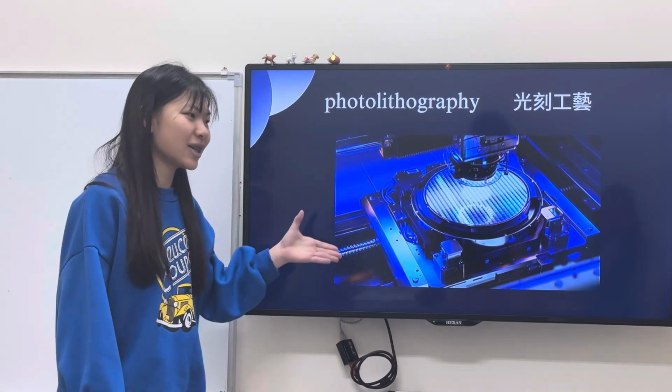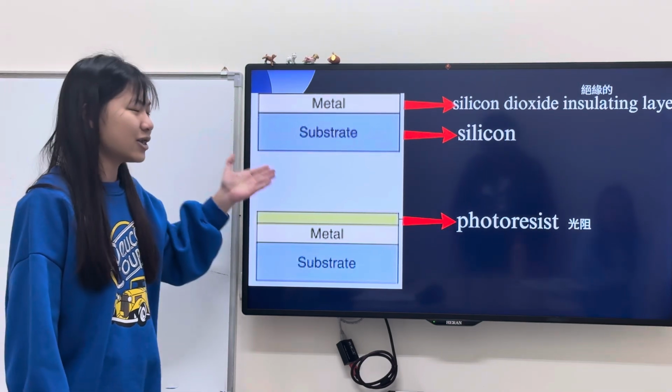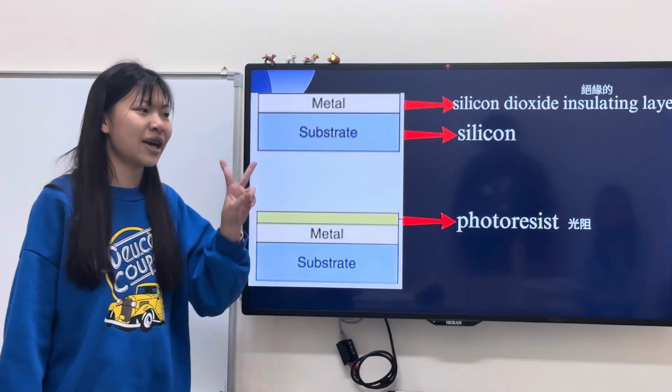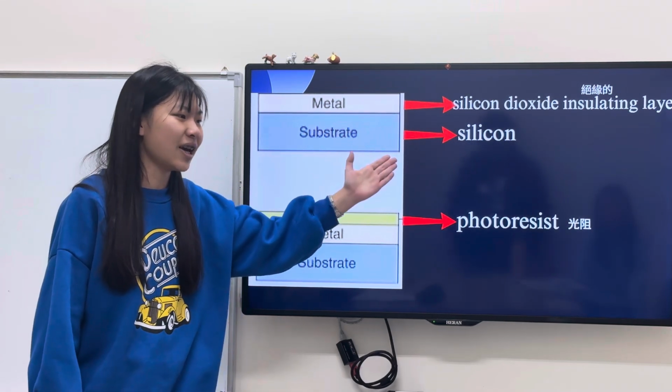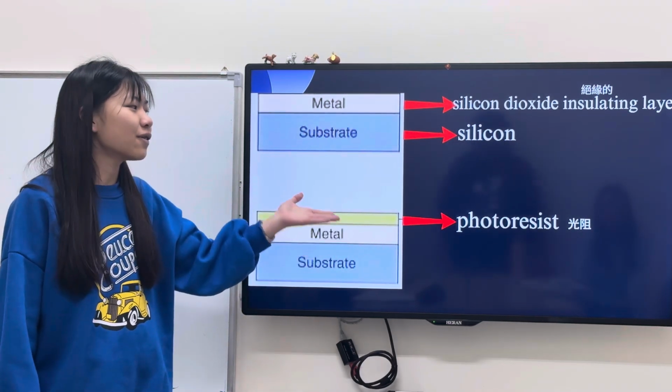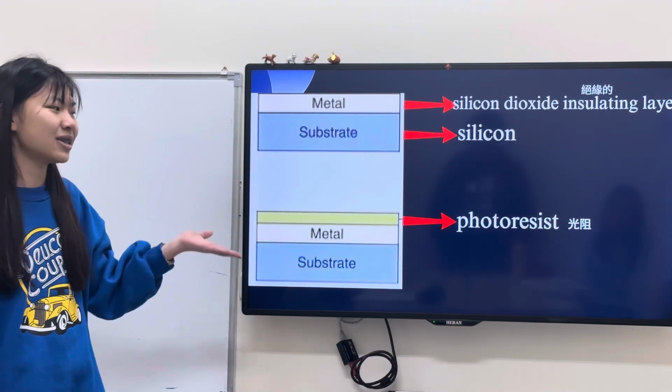Before this process, the wafer needs to be coated by 2 layers. The first is a silicon dioxide insulating layer, and the second is the photoresist, which is a material that is sensitive to light.